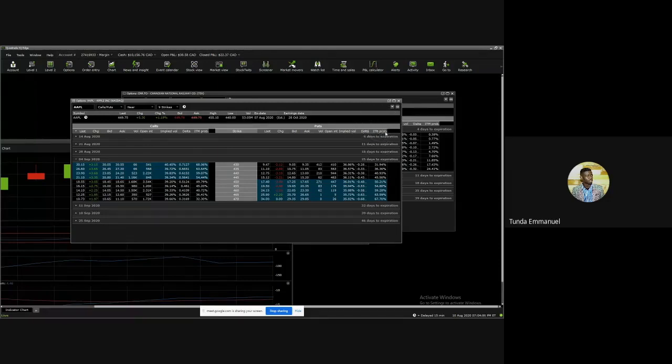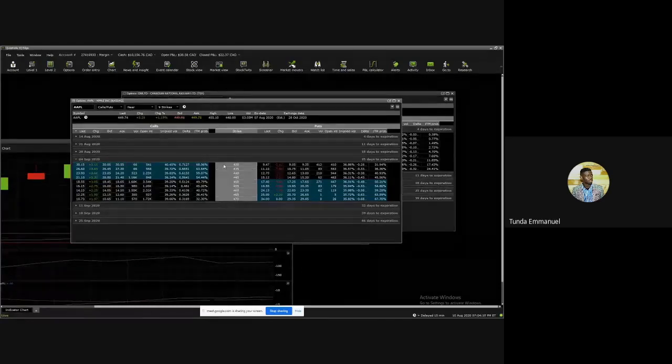Here, ITM prob, which is the in the money probability. If you see down here, there are the percentages. So it tells you there is 31.94% of this stock to be below 430.